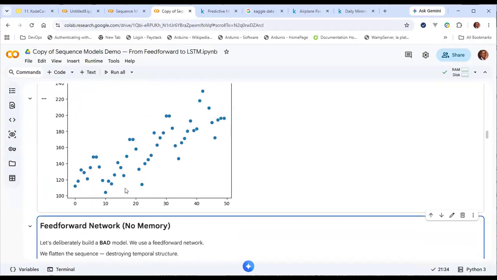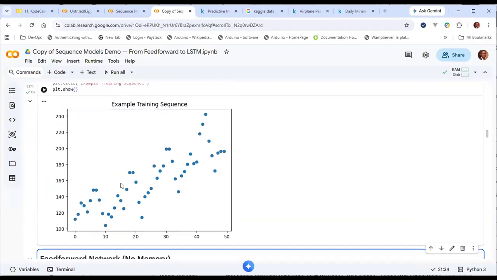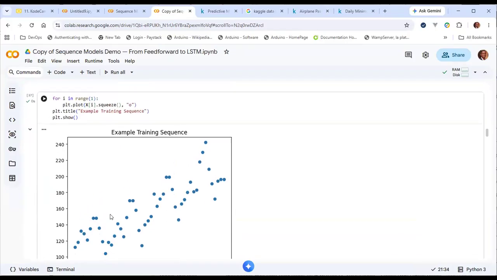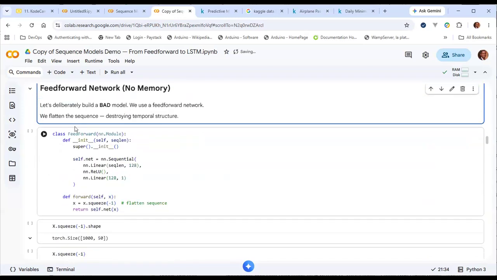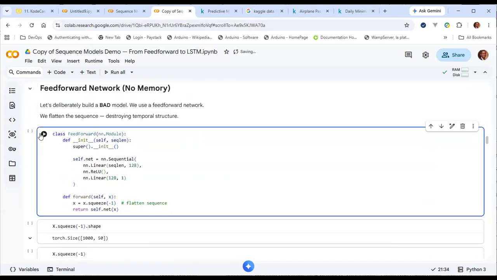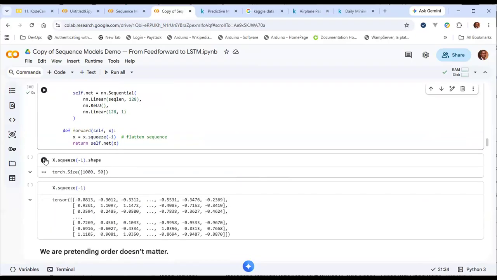Okay, so this is prediction of passengers. You can see it goes up and down, but not only does it go up and down, it also tends to rise over time. This will be more difficult for a feed-forward network to predict. All right, so let's just keep going.